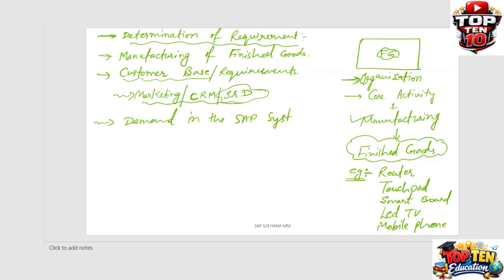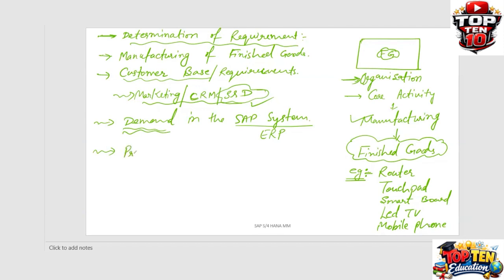If the sales and distribution department gets any requirement from the customers, it will update that requirement as demand in the SAP ERP system. After maintenance of the demand in the SAP system, every other department will get to know about the demand, and they need to work for it.